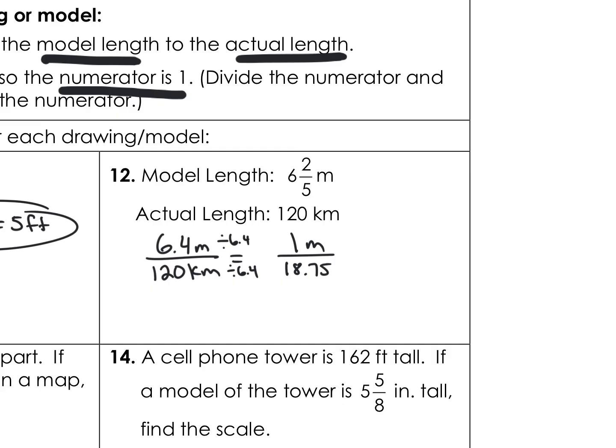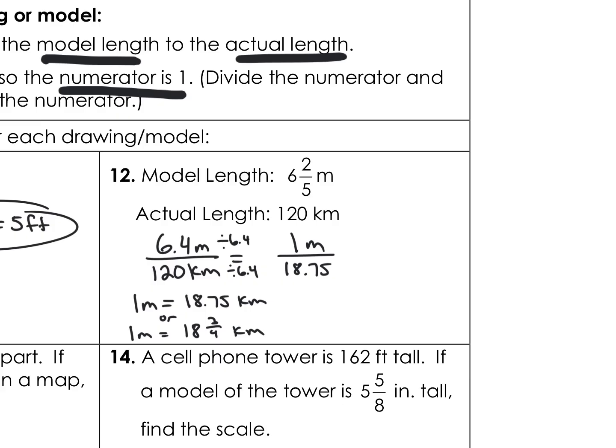So our scale, we can write it a couple ways. I could write that 1 meter is equal to 18.75 kilometers.